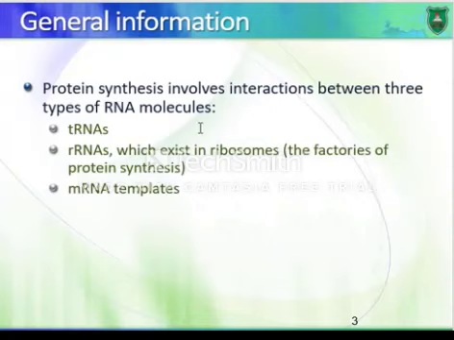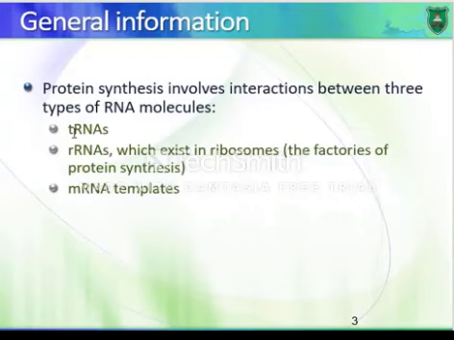Protein synthesis involves interaction between three types of RNA molecules. Actually, the tRNA or the transfer RNA, the ribosomal RNA, and the messenger RNA. The tRNA is a kind of RNA molecule that is responsible for decoding the messenger RNA sequence into a protein.